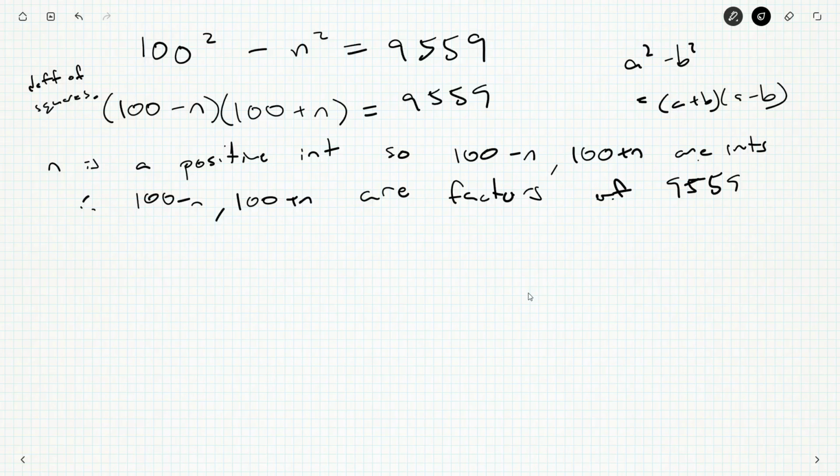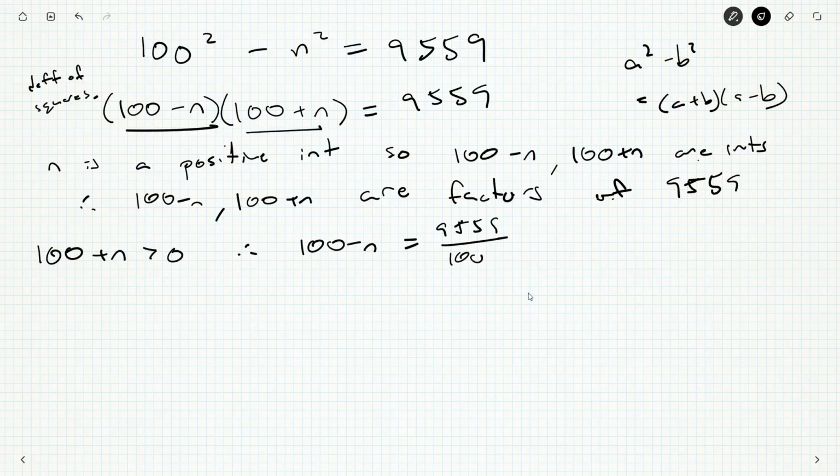In particular, 100 plus n is going to be positive because they told us n is positive. So positive divided by a positive is also going to be positive. We can even write that: 9,559 over 100 plus n is also going to be positive. So what does that tell us? n is less than 100.